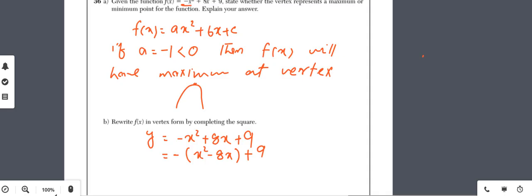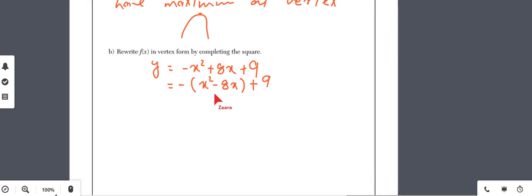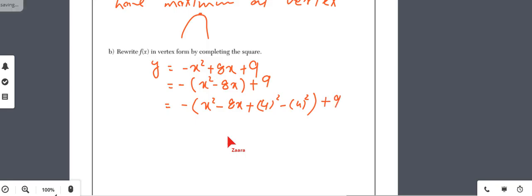So I put parentheses around it. You also have to keep it in mind. Now I have to add and subtract something. So for x square minus 8x, I am adding 8 divided by 2, which is 4, so I will add 4 square and I will also subtract 4 square. Is it clear? Within the parentheses, plus 9.